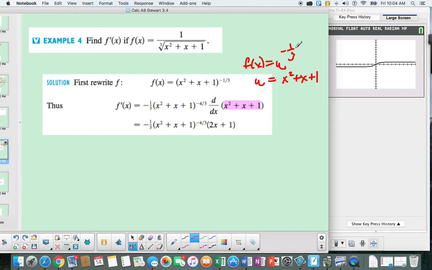So I'm going to take the power rule right here and leave it in terms of my inner function, and then take the derivative of my inner function. You can wait till the next step to do that. So here's my power rule, and then I go ahead and find the derivative of that expression.